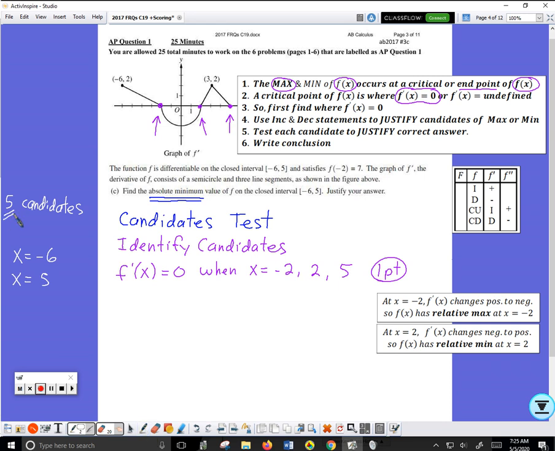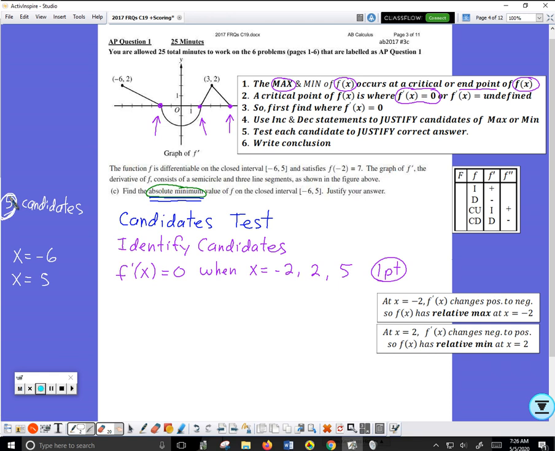In other words, we're trying to find the absolute min. Well, the absolute min is going to occur at one of these 5 locations, one of these 5 x coordinates. And in our work, we have to eliminate 4 of the 5 somehow.